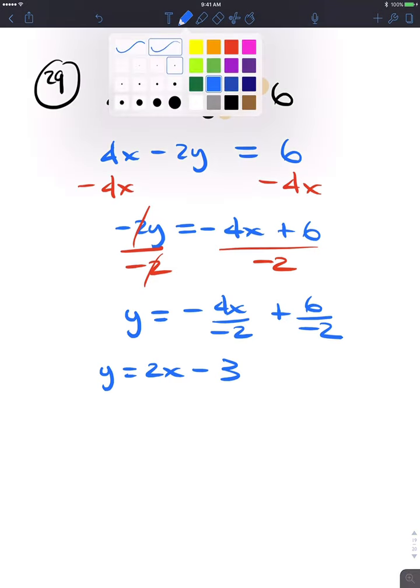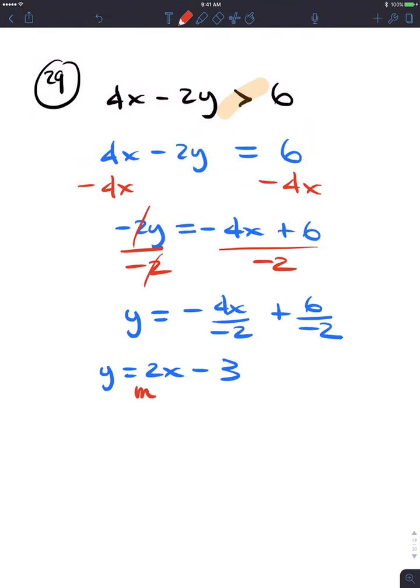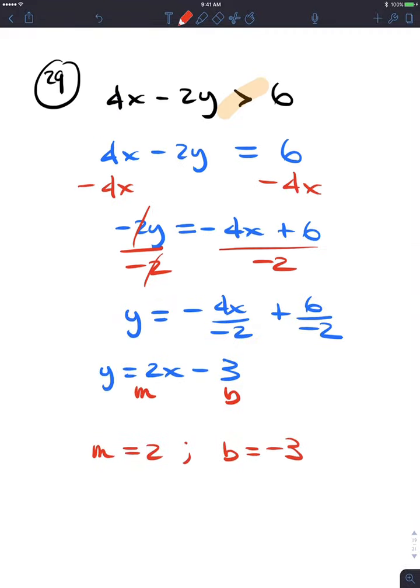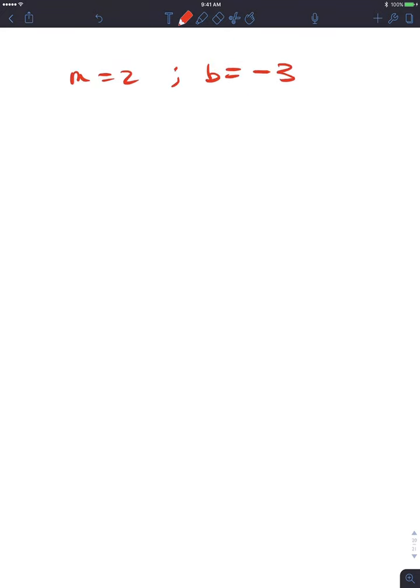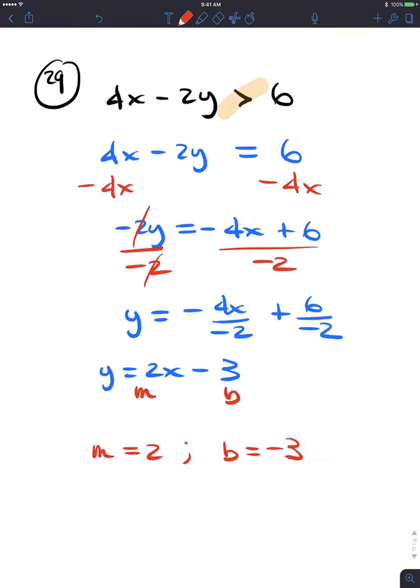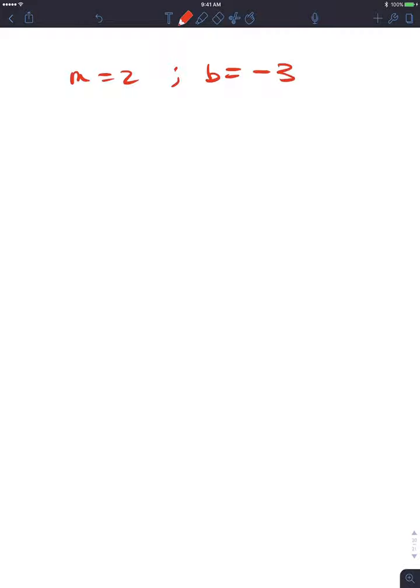When we do our arithmetic, our slope is 2, our y-intercept is -3. Let's go back and double check. That's true. Okay. Now remember, this is a dotted line, so let's get a graph.